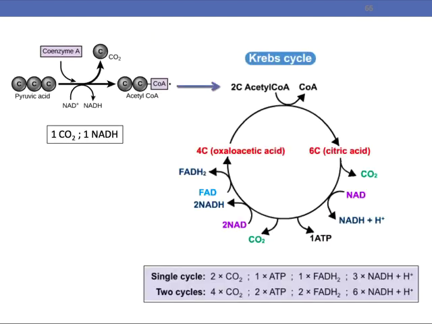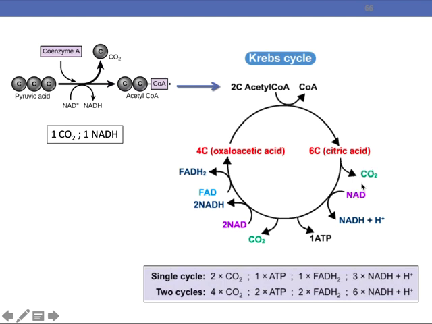And that's what I mean. Then the preparatory step, you have pyruvic acid becoming acetyl-CoA. We are accounting for the products in terms of the byproducts and the energy carriers. So the byproducts, you have CO2 that is produced, 1, and you have NADH, which is an energy carrier, which is also synthesized. And then it enters the Krebs cycle.